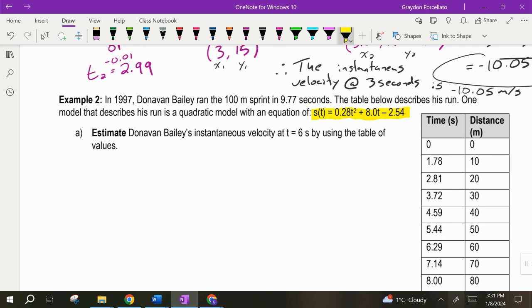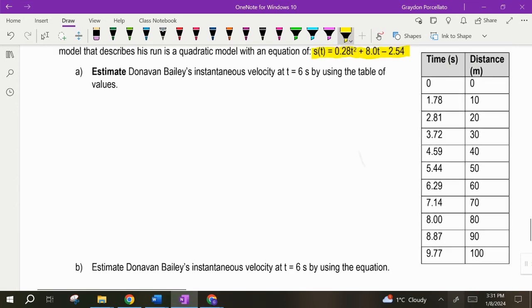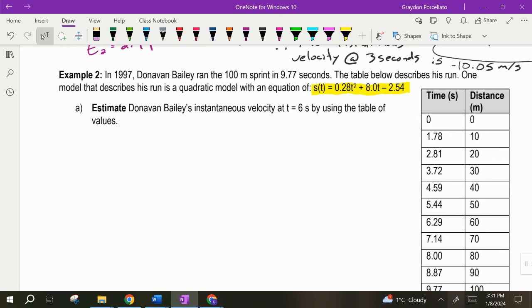So that's a quadratic model that approximates his time-distance graph. The very first question, A, says estimate Donovan Bailey's instantaneous velocity at t equal to 6 using the table of values.